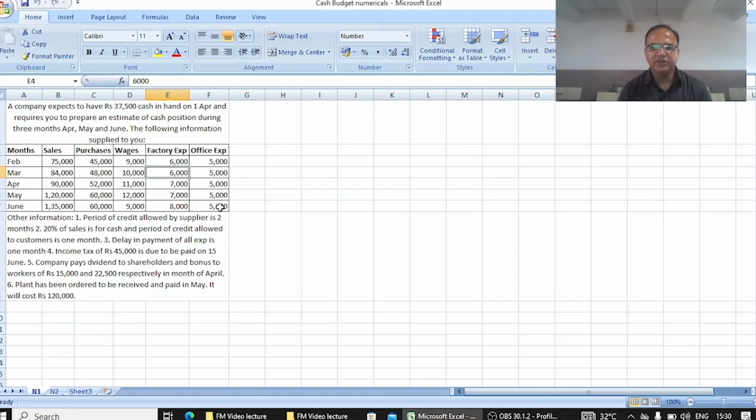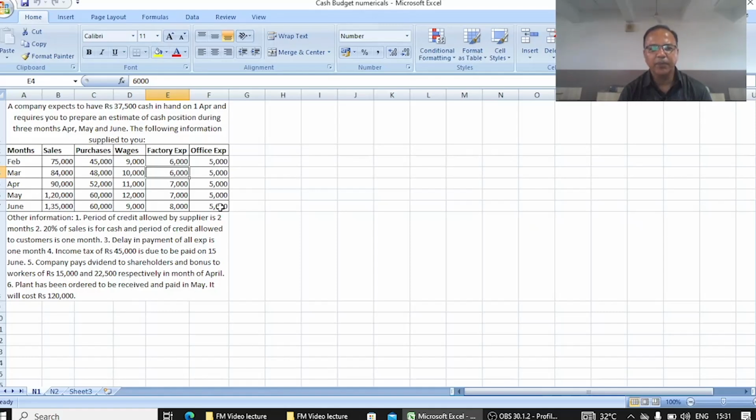In other information, it is given that the period of credit allowed by supplier is 2 months. 20% of sales is for cash, and the period of credit allowed to customer is 1 month. Delay in payment of all expenses is 1 month.